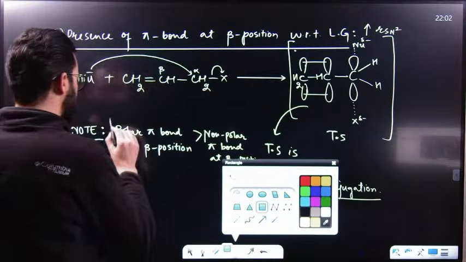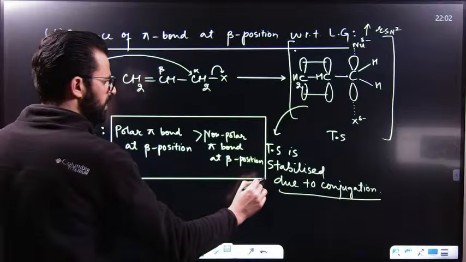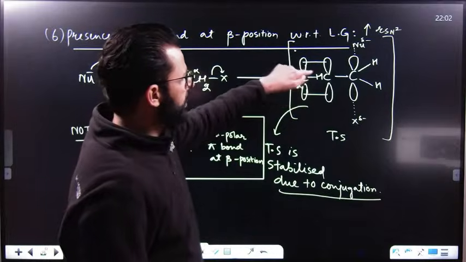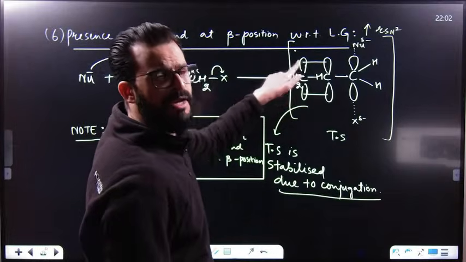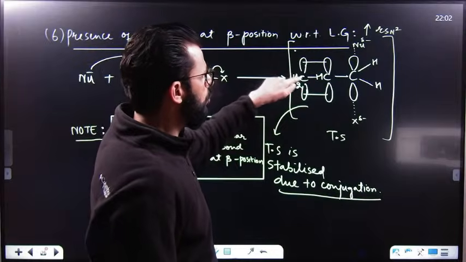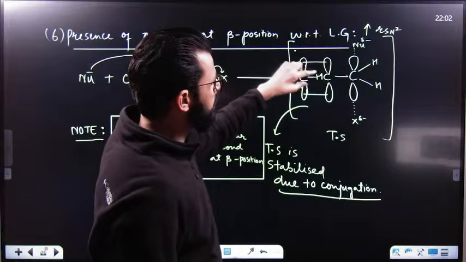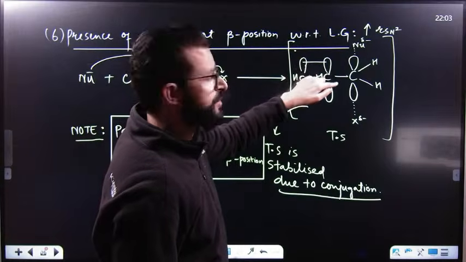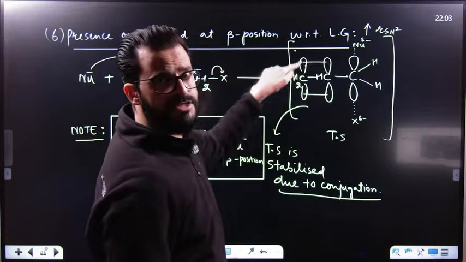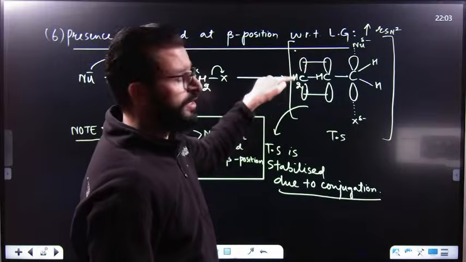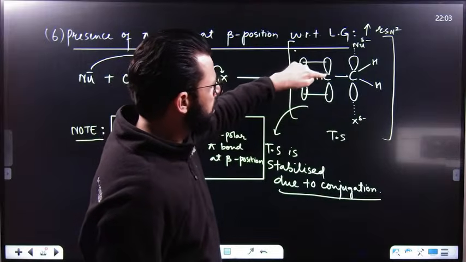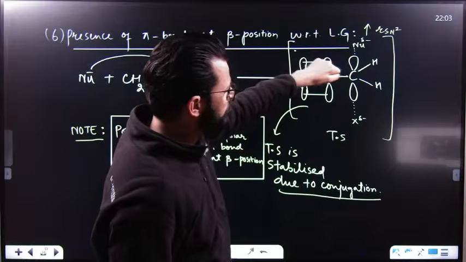It is simply the polar pi bond, because if it is a polar pi bond, say between carbon and oxygen, then oxygen is more electronegative, it will withdraw its sigma electrons and carbon will acquire a positive charge. One, it is resonance stabilized or conjugated, this is a conjugated transition state. Another, as this has a positive charge, it will withdraw electrons.